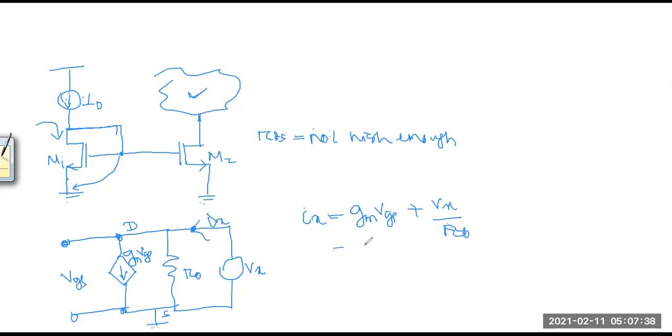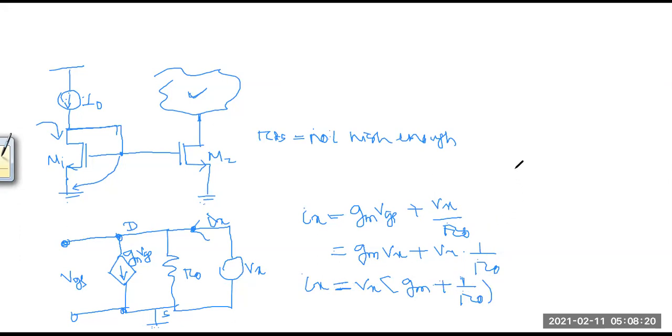Here gm VGS is nothing but gm Vx. So Ix equals Vx times gm plus 1 by R0.